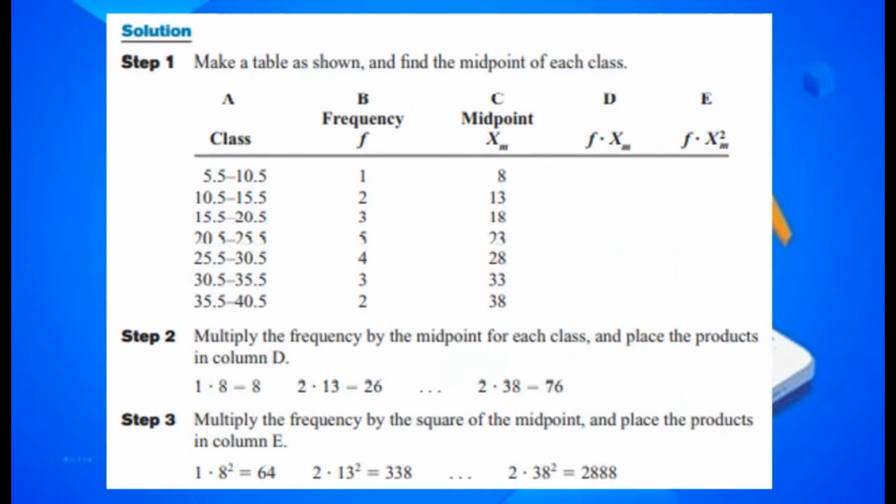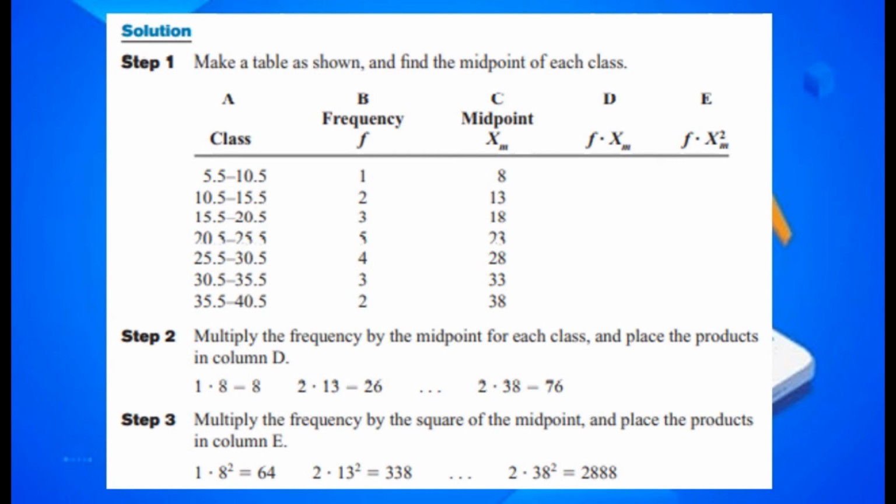So we have to follow the step-by-step solution. First, make a table as shown and find the midpoint of each class. So we have here in column C the midpoints, wherein 8, 13, 18, 23, 28, 33, and 38 are the midpoints.